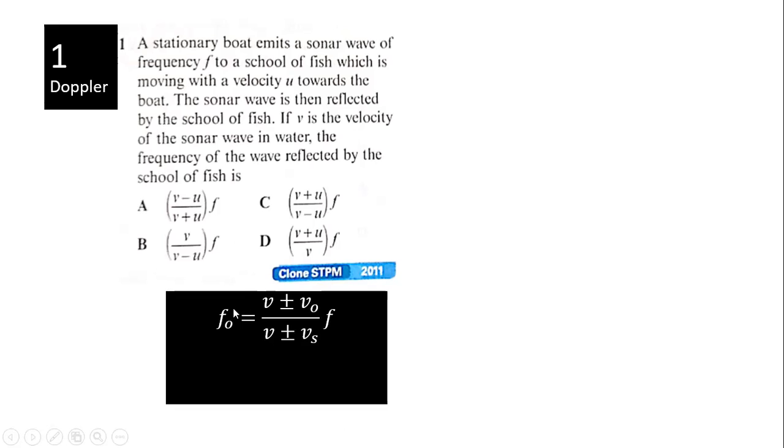You must know the basics, memorize the formula and understand the question. What equation to use? What's the answer? C, yeah.